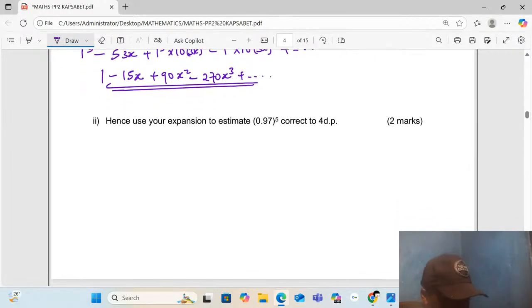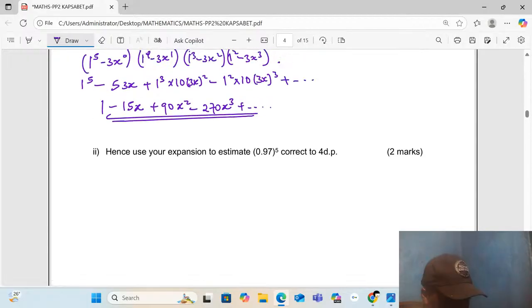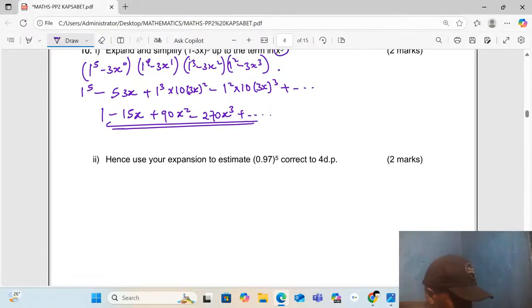Hence, use your expansion to estimate the value of 0.97 power 5. So 0.97 power 5 is equal to 1 minus 0.03 power 5.